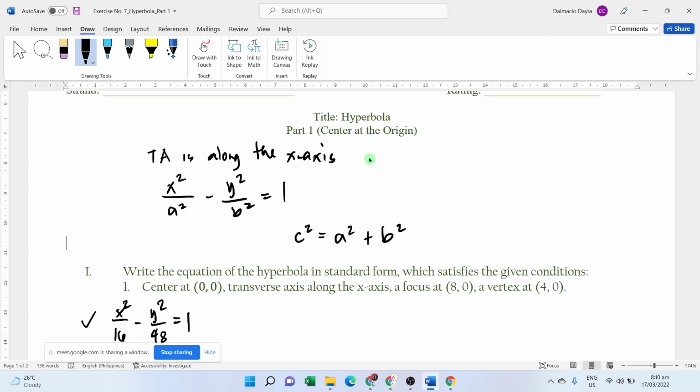For the illustration, remember or watch the video lesson.